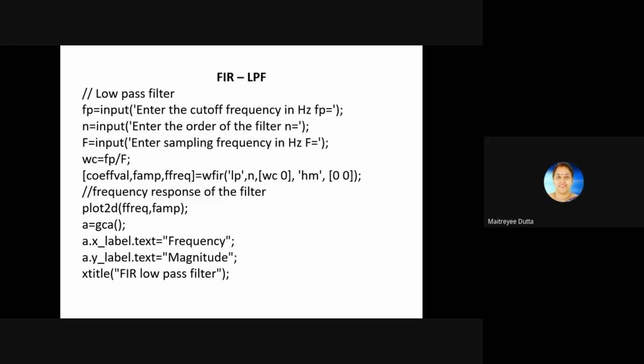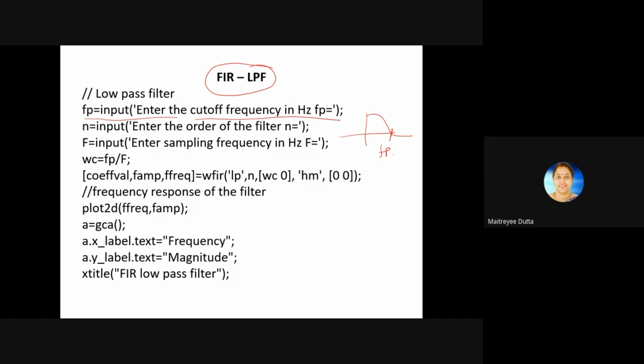So if we want to design that FIR LPF, that means finite impulse response as well as low pass, what do we want? We want one cutoff frequency, right? That is known as your fp. So fp is the cutoff frequency in hertz that we are inputting.